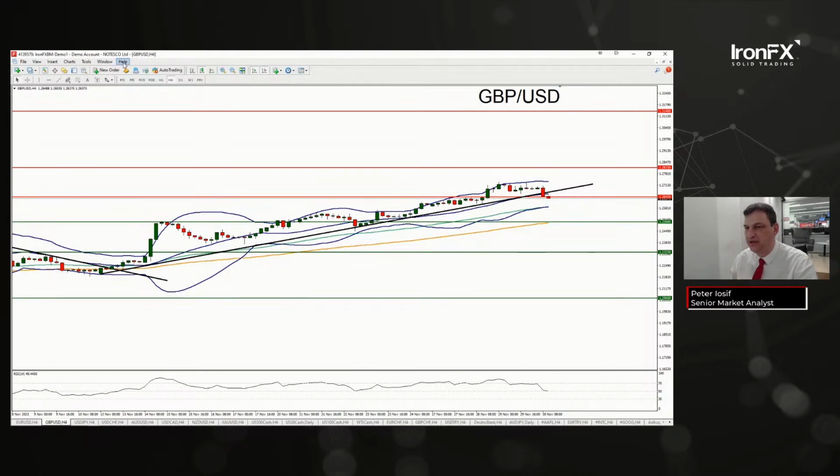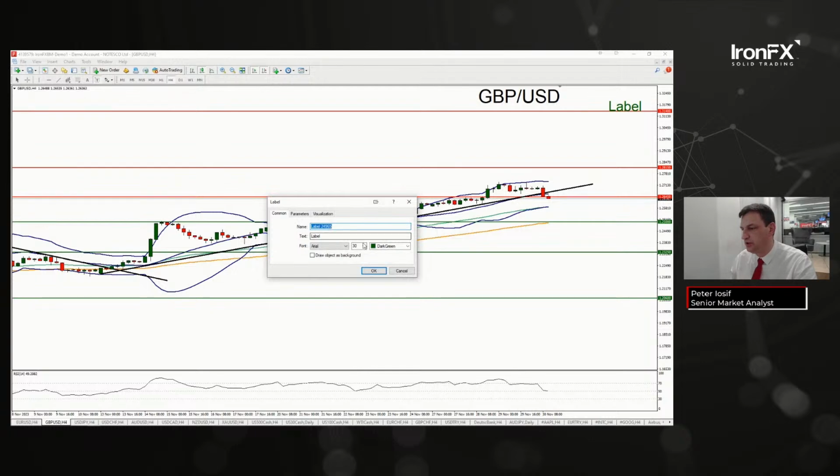Now let's place some labels here. And we would be starting with the R3 being placed at 1.3140 in red.